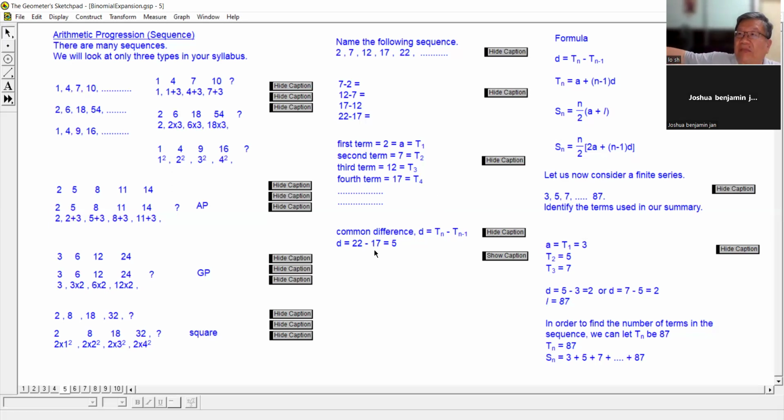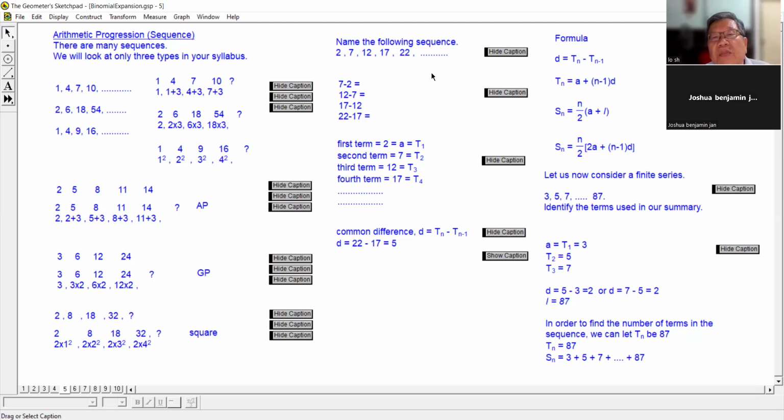You don't take a gap like that, where you take the number behind minus a number very far in front. So the two numbers must be next to each other. If you take 17 minus 7, cannot. It must be two next to each other.